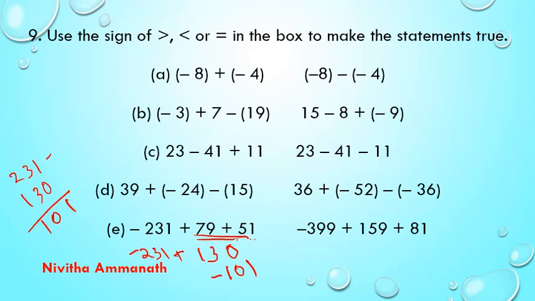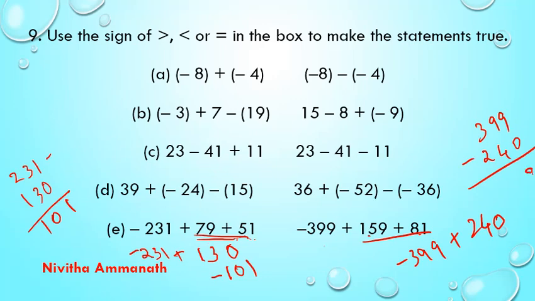Next here. So you have to add this first. 9 plus 1 is 10, 0, 1, 9. 9 plus 5 is 14, 4, 1, 240. 240. 399. So this is minus 399 and this is plus. So you have to find the difference. 399 minus 240. So 9, 5, 1.